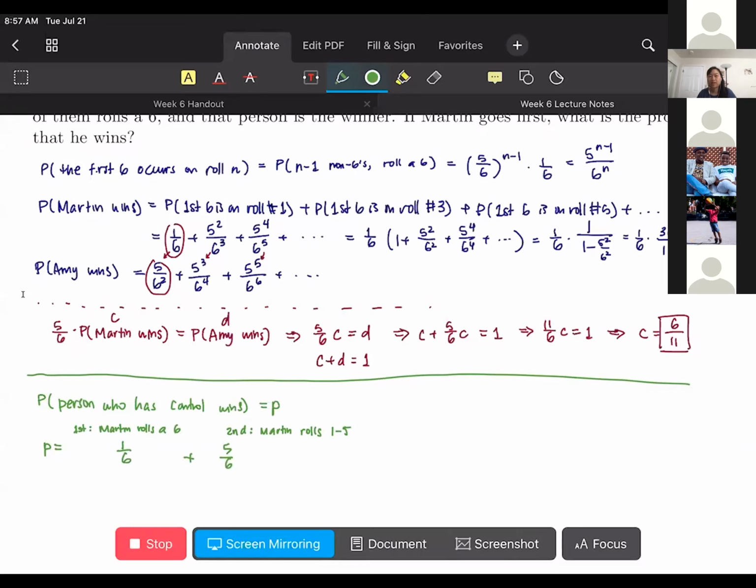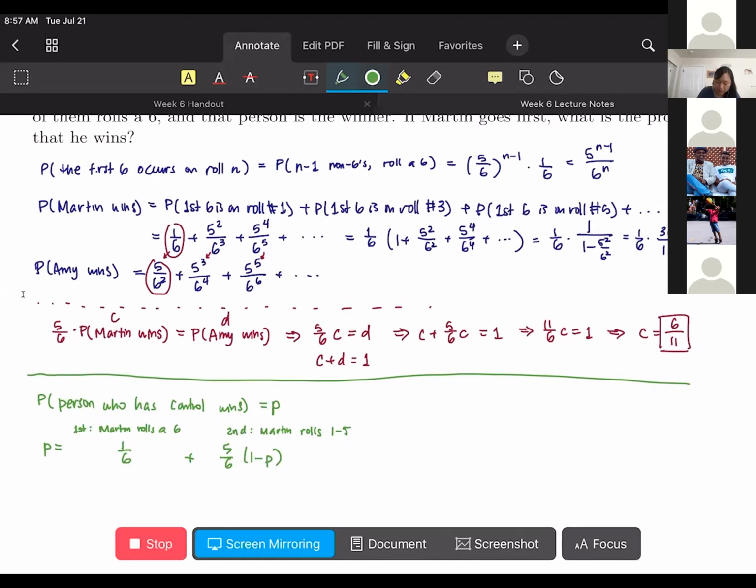If he passes control to Amy, then Amy's probability of winning is just equal to P, the probability that she has control. So the probability he doesn't win is going to be 1 minus P. So basically this is saying that Martin can still win if he doesn't roll a 6 initially, and then Amy also doesn't win once she has control.